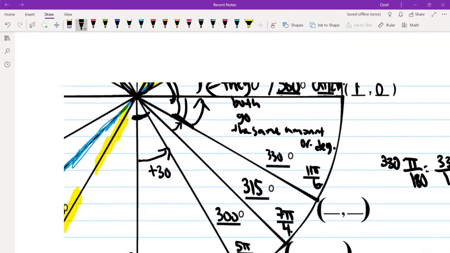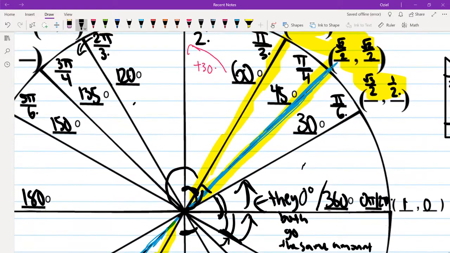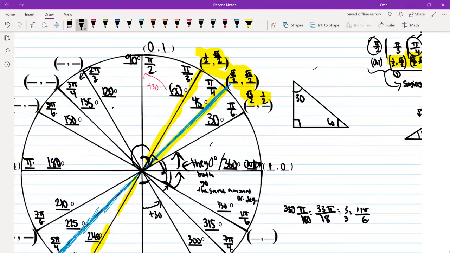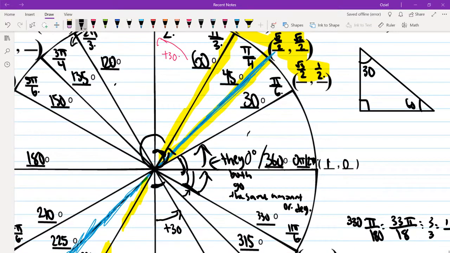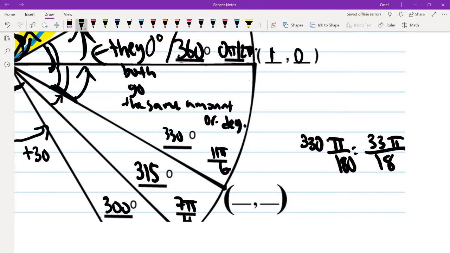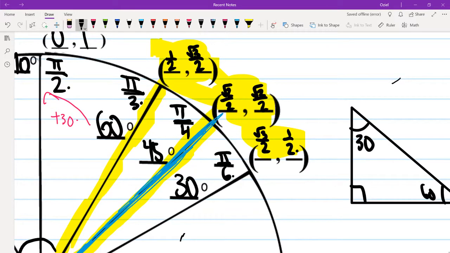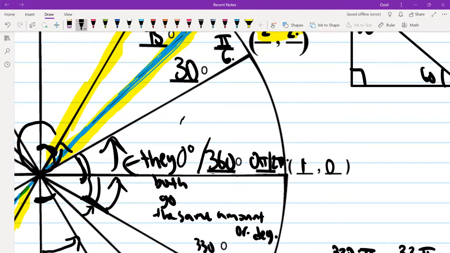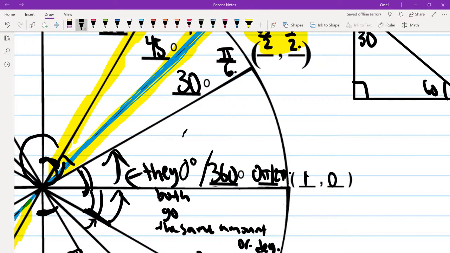And then over here, once you have the first quadrant, the rest of it is pretty easy. For example, right here, this one corresponds to 11 pi over 6.